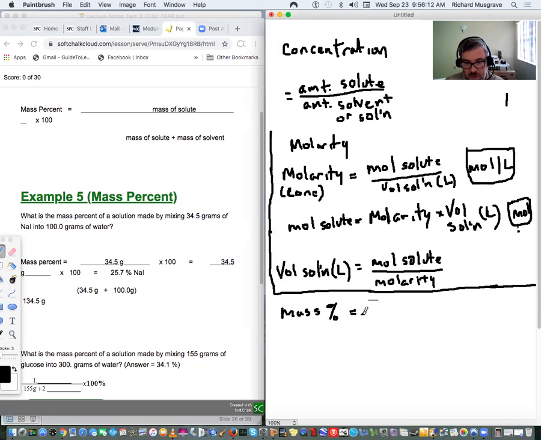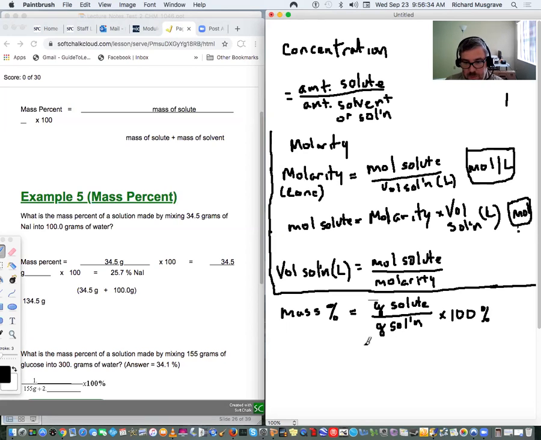A mass percent is going to be the grams of solute divided by the grams of solution, remembering that's times 100%.